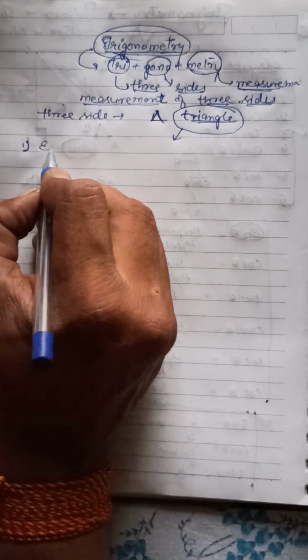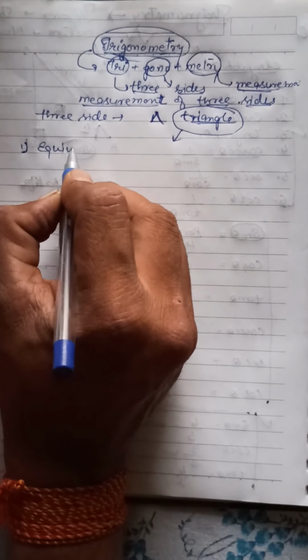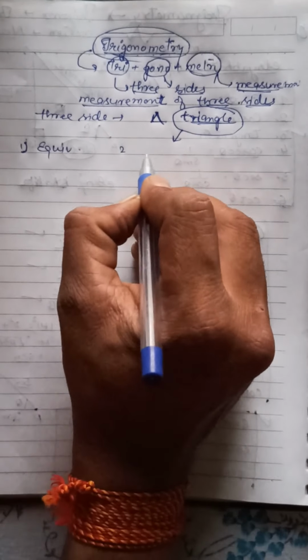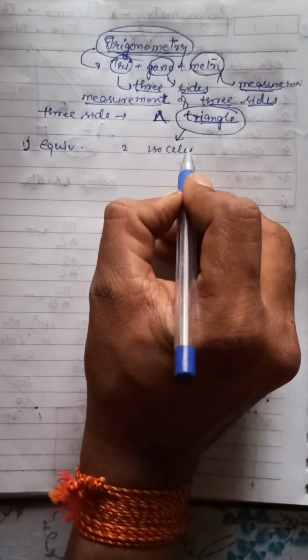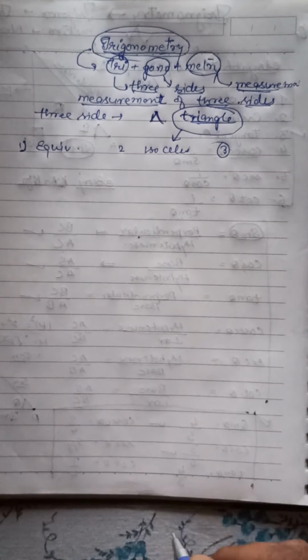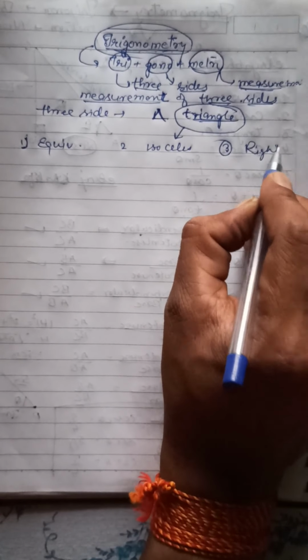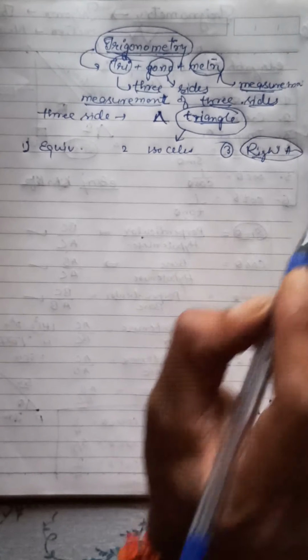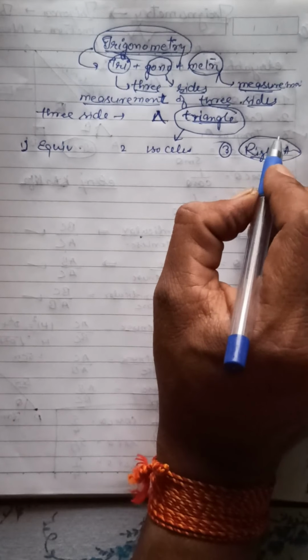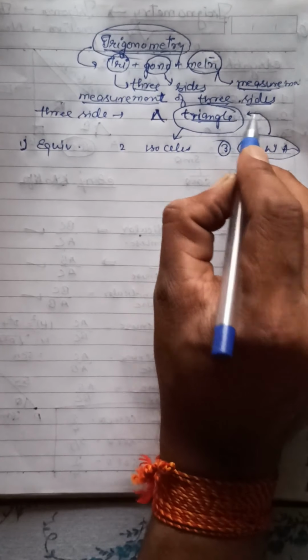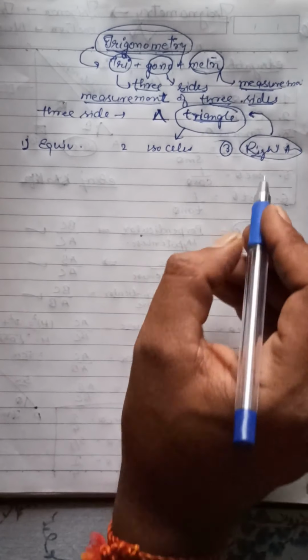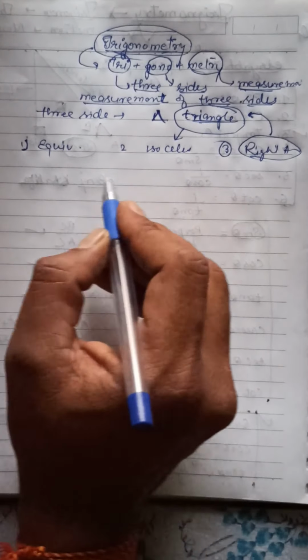There was the equilateral triangle, the isosceles triangle, and the right angle triangle. Particularly, trigonometry is associated with the right angle triangle.